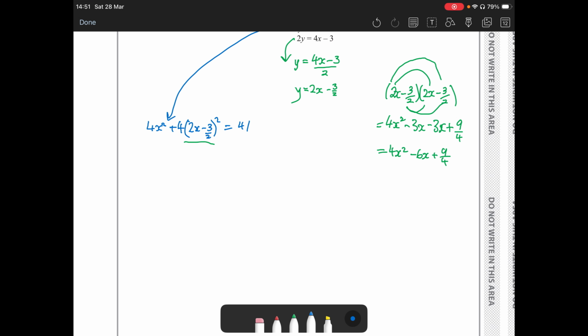So let's wrap this up. We've got 4x squared plus 4 lots of 4x squared minus 6x plus 9 over 4, and all of that's equal to 41. Cool, so we'll expand the bracket out now.